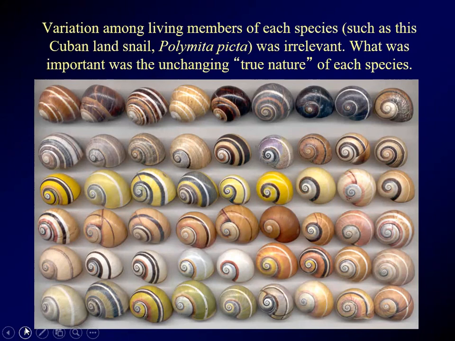And it's not obvious how you could divide this into subtypes, because there isn't a variant there that doesn't share features with some other variant that's otherwise different. But to Linnaeus, that's all irrelevant. What's important is this true nature, this true Cuban land snailiosity that God put there, and everything else is a distraction.